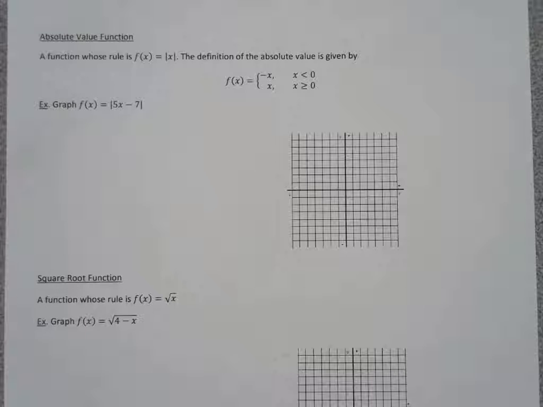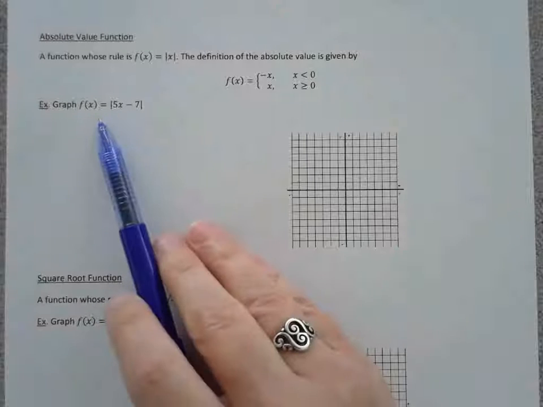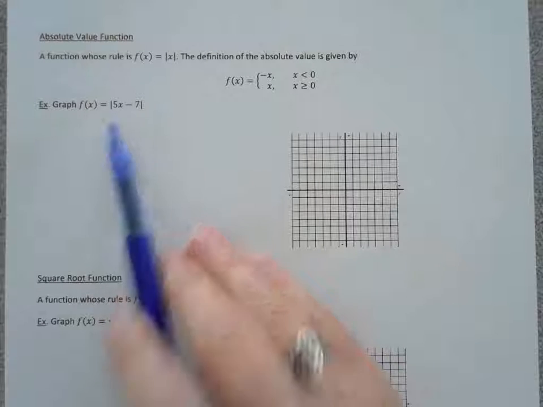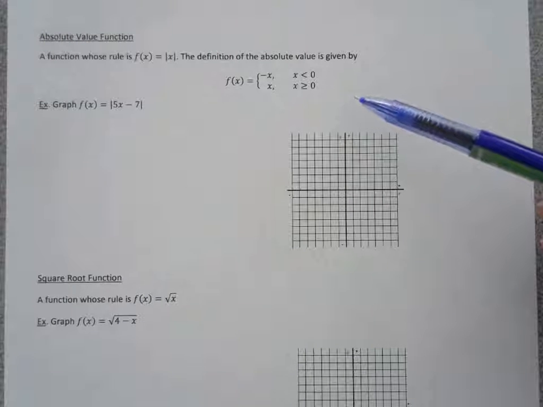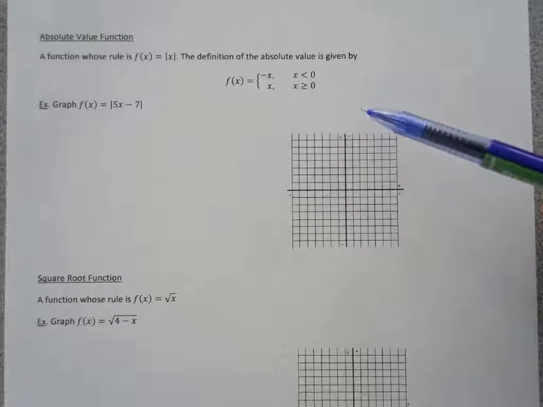Okay, so if we look at this example where our absolute value is 5x minus 7, we want to graph the function of the absolute value of 5x minus 7. We're going to use our definition to create our function before we even start graphing.